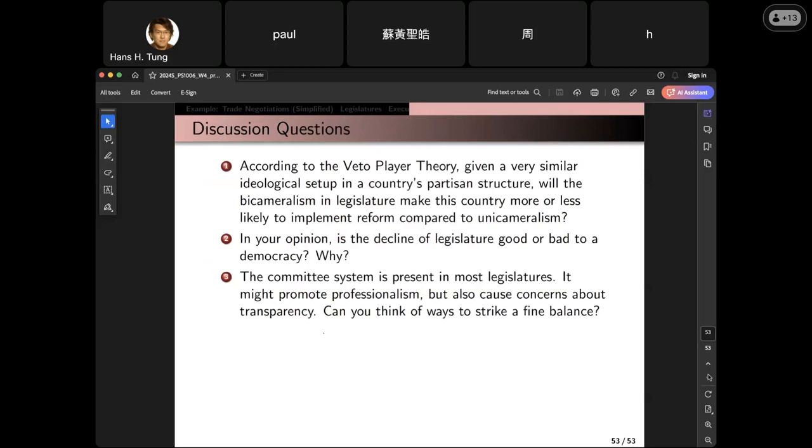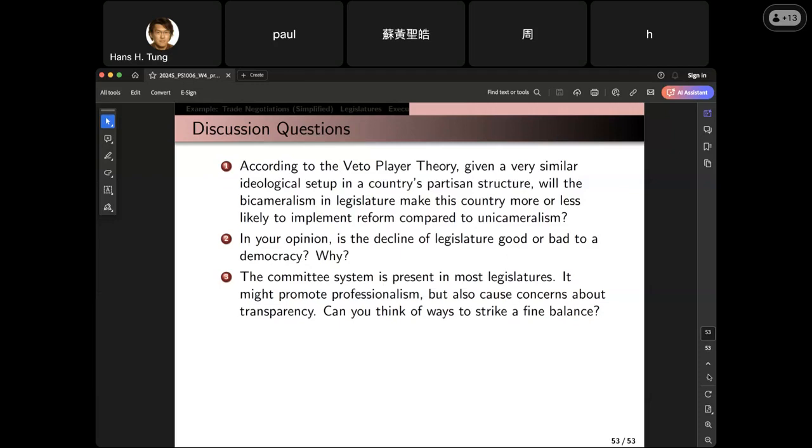So in your opinion, is a decline of legislature good or bad to a democracy, and why? Let me also explain the context a little bit. Legislature is always supposedly the center of democracy, right? From the historical background, the king or queen included the aristocrats in the legislature in order to get more resources when they wanted to do something like fight a war.